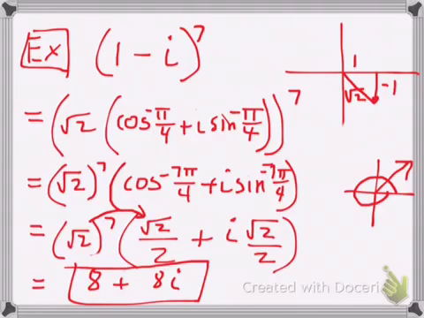All right? Now, let me show you one other application of this. So far, all we've done is work with positive exponents and integer exponents. What if we wanted to do something like the cube root of 8i?